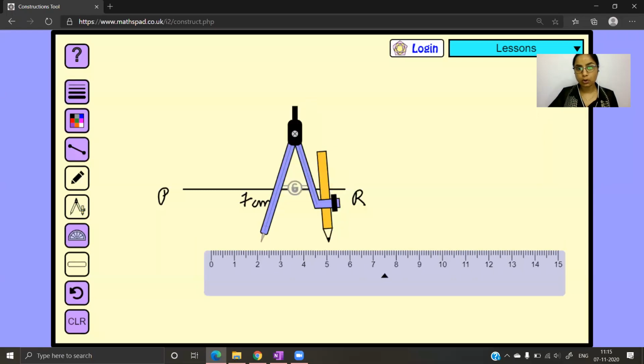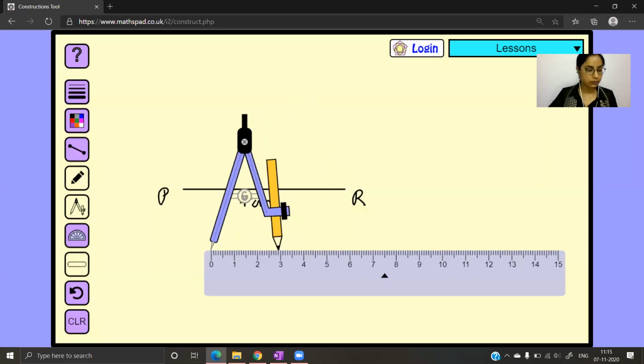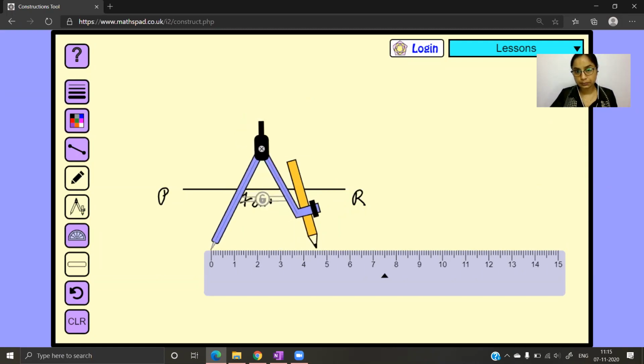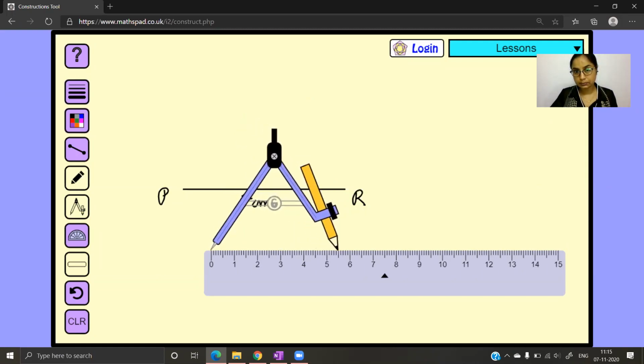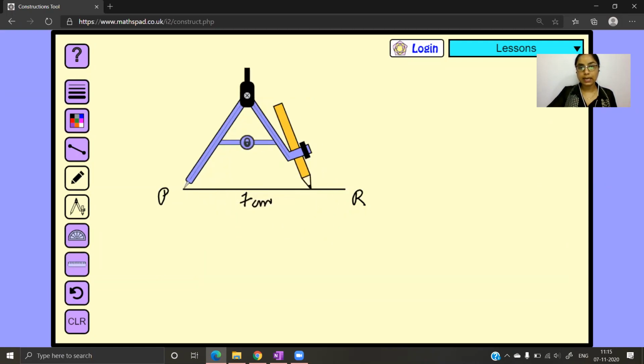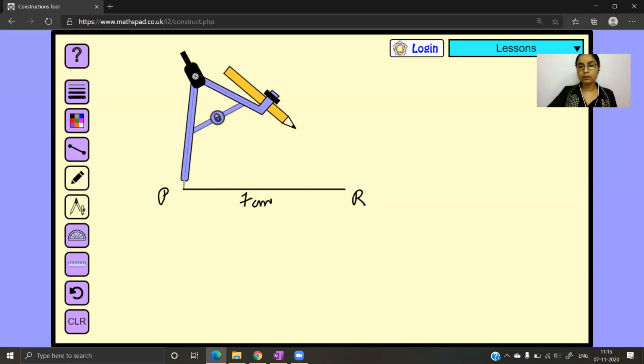Take your compass, open it 5.5 centimeters in radius. And be careful, do not change the radius while you do that. And then place it at P. Above your diagonal, draw an arc.